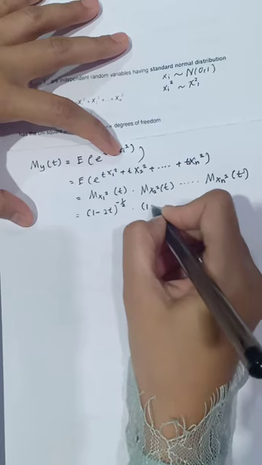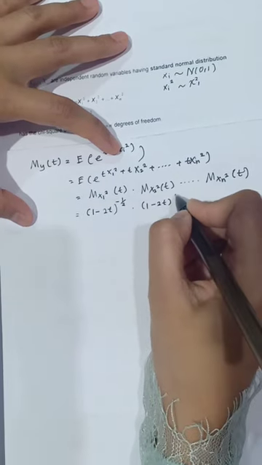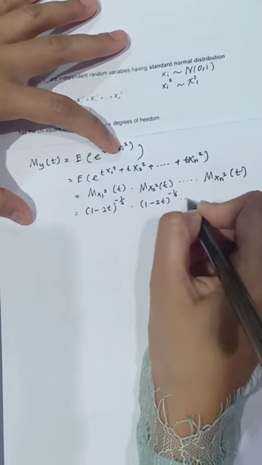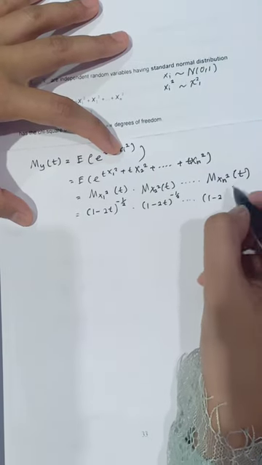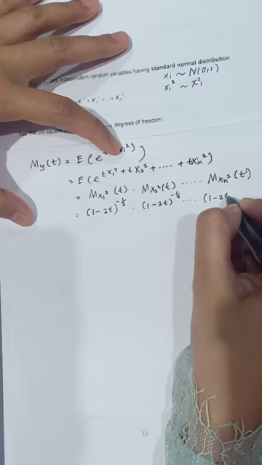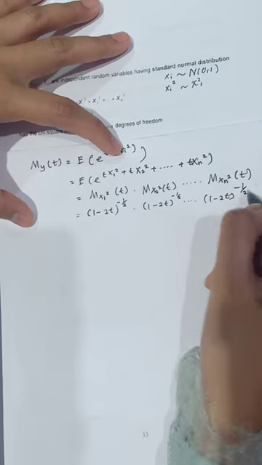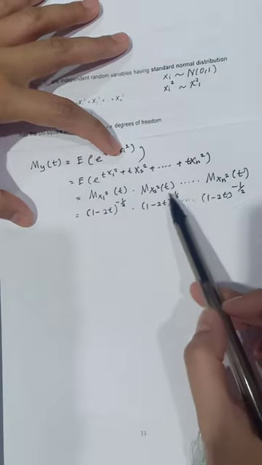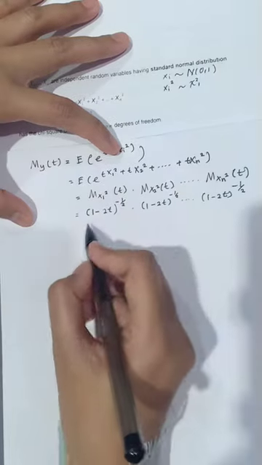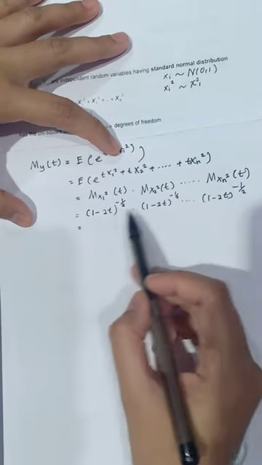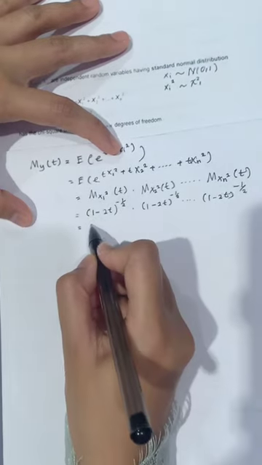This is the MGF for X1 square. The MGF for X2 square is also (1 minus 2t) to the power of negative 1 over 2, until the MGF for Xn square, which will be (1 minus 2t) to the power of negative 1 over 2, because all of these X squares have chi-square with 1 degree of freedom. So what happens when you multiply the same thing?